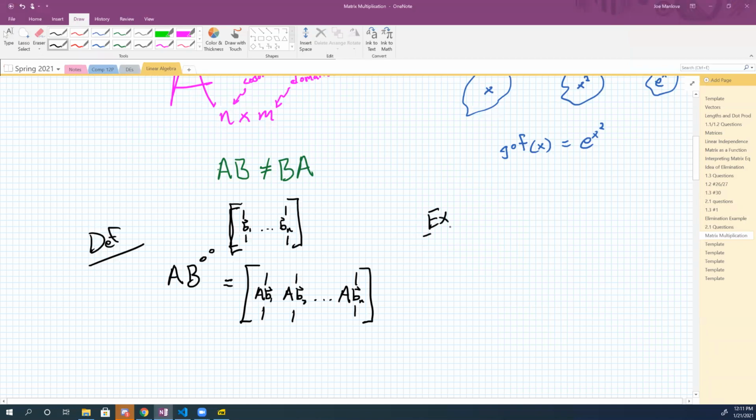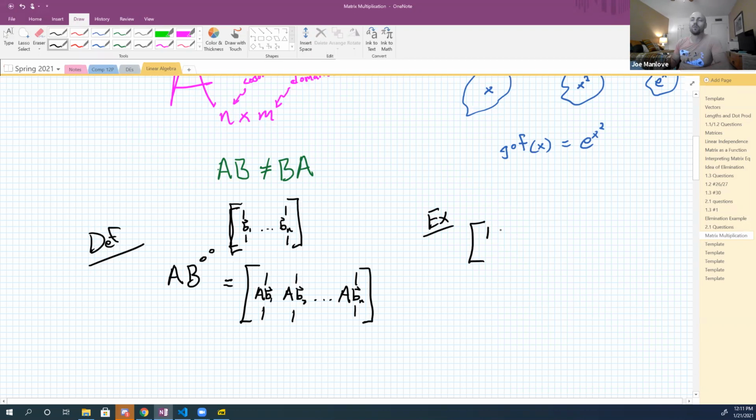Mm-hmm. Okay. So let's multiply the matrix 1, 0, 1, 1 by the matrix 1, 3, 2, 4. Okay, so what are my columns in here?